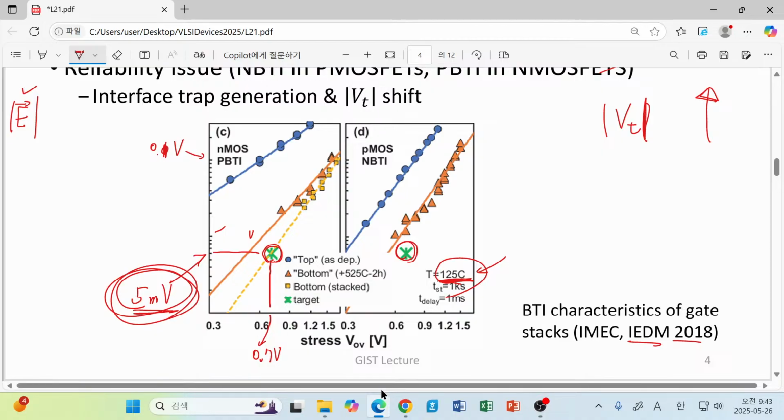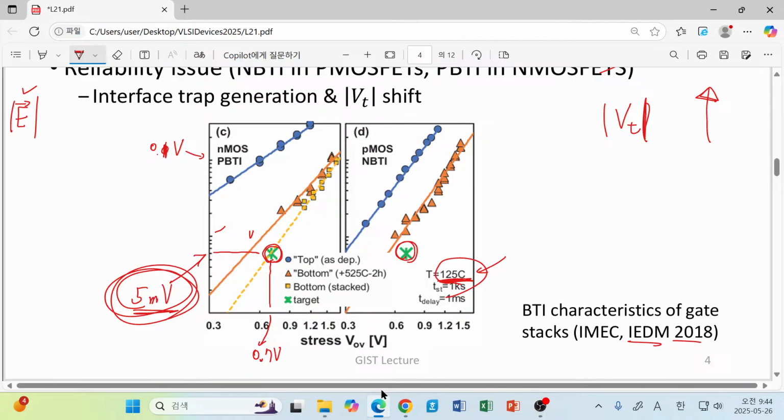So after that, some can show higher delta VT, and some can show relatively low delta VT, but always the worst case determines the scenario. So we must keep the worst case. Worst case means the maximum deviation of threshold voltage.